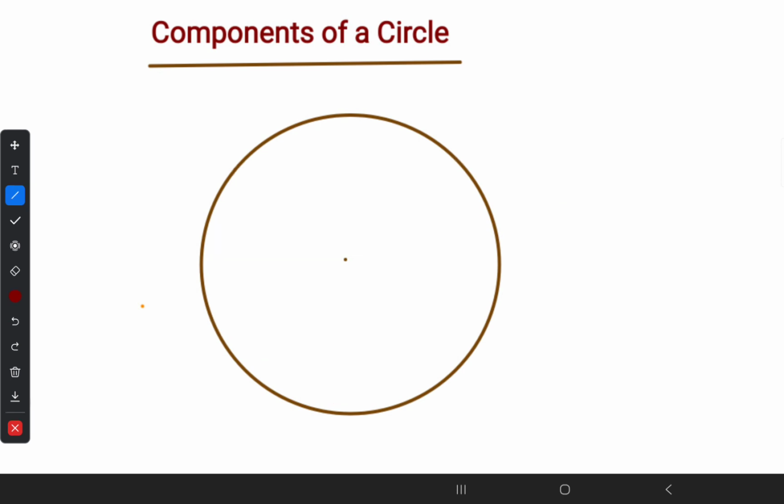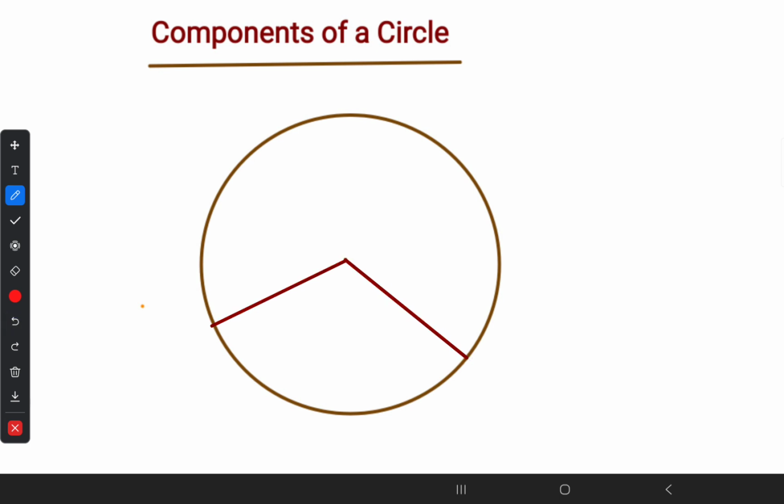So the last component of a circle, I'm going to draw two radii in this circle. So these radii also will truncate the total circle into several portions. These are two radii.